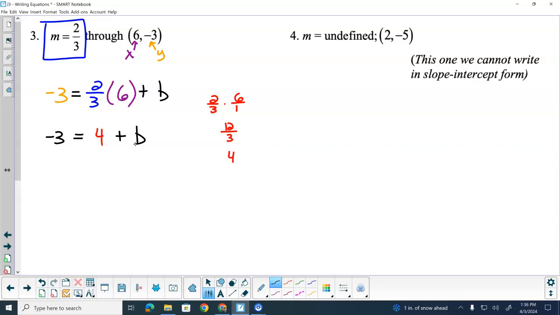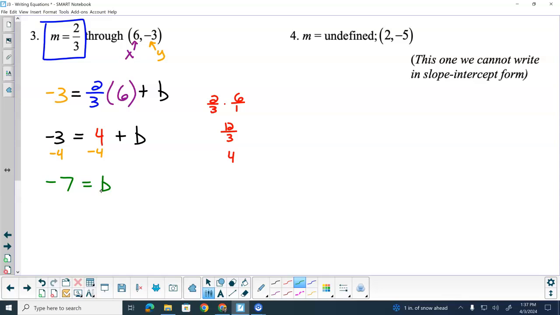Always finish this one off. Try subtracting 4 from both sides. So then that gives me -7 equals b. Right?